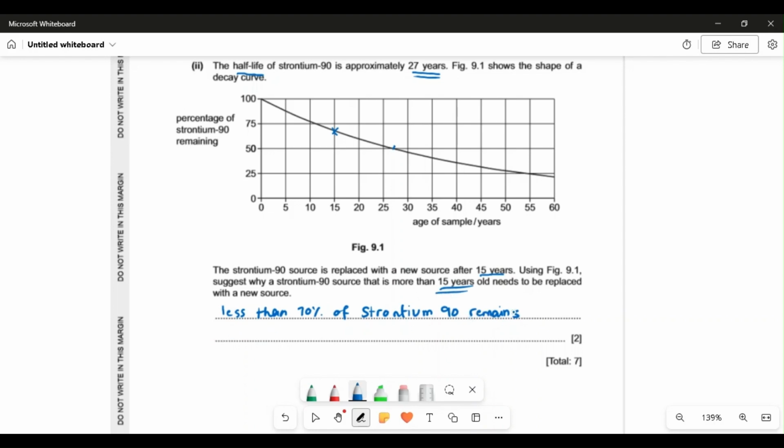So the counter needs more radiation, maybe the radiation is too low to be counted. The counter needs more radiation for counting, and that can be provided by the new sample.